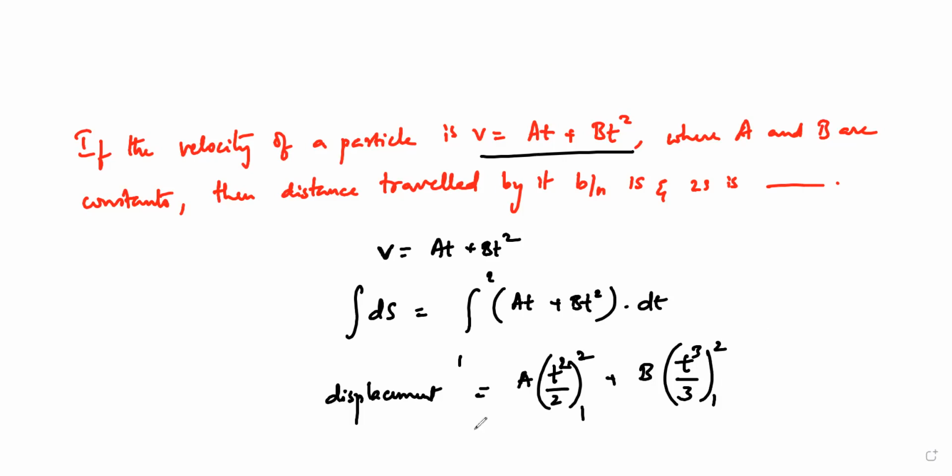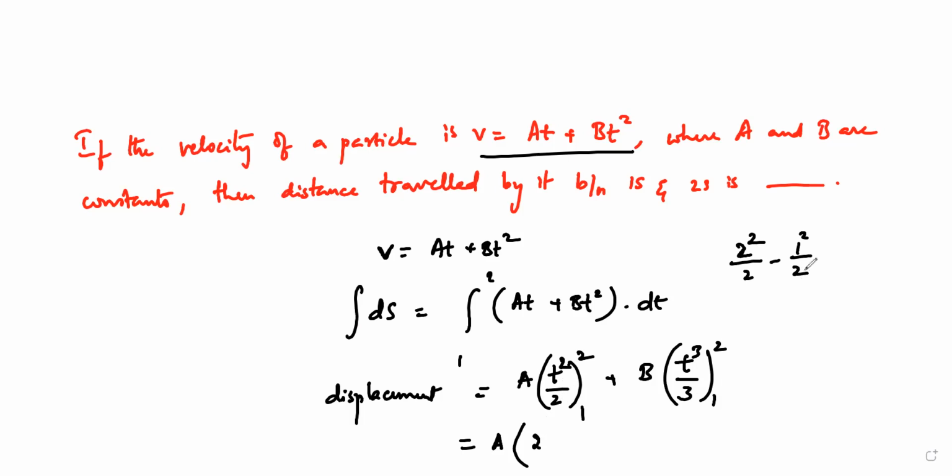So if you observe here, this I can write as a into 2 square is 4, 4 by 2 is 2, minus 1 square by 2.